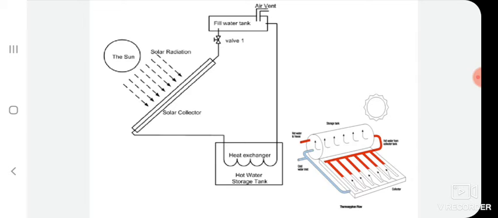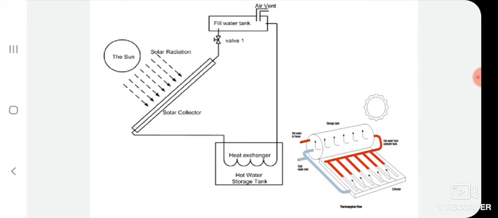If we see the right hand side schematic diagram, it consists of a circuit of water collector. In the simplest panel, the sun heats water flowing in a circuit throughout the collector.